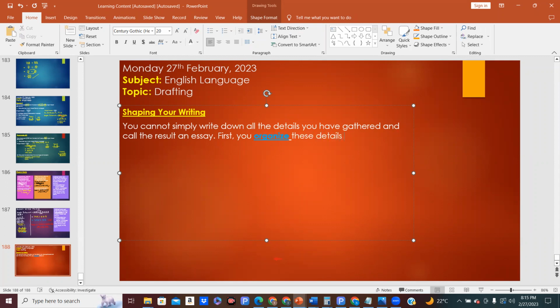Must organize these details logically. And what do we mean by logically?